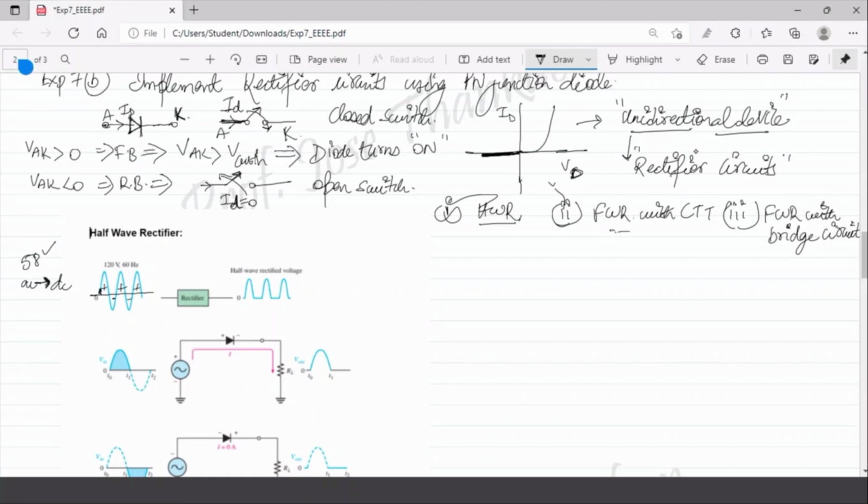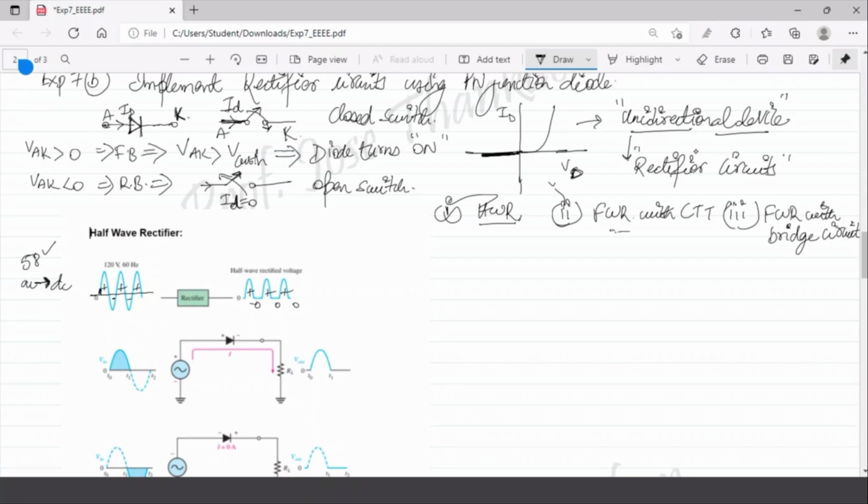So we can say that only positive halves will be coming at the output. You can see here, this is the positive half, and negative halves are not coming because during this time the diodes inside the rectifier will be blocking that voltage and not allowing any current to flow through the device. So this will be the type of half wave rectified output: positive, 0, positive, 0, positive, 0, and so on.